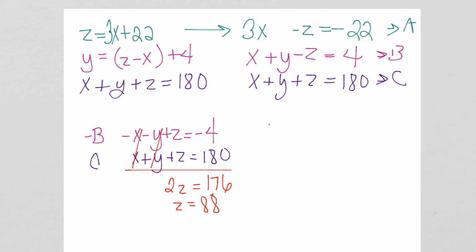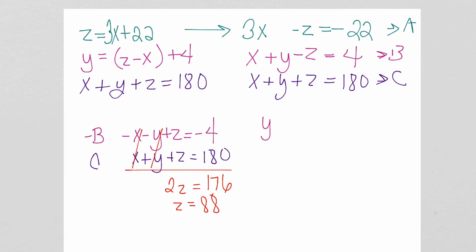Okay, so now we need to find x and y. So if we go back up to this first one here, where we've already solved for z, then that's nice. No, let's not do that. We want y, right? So let's go to the second one where we've solved for y.